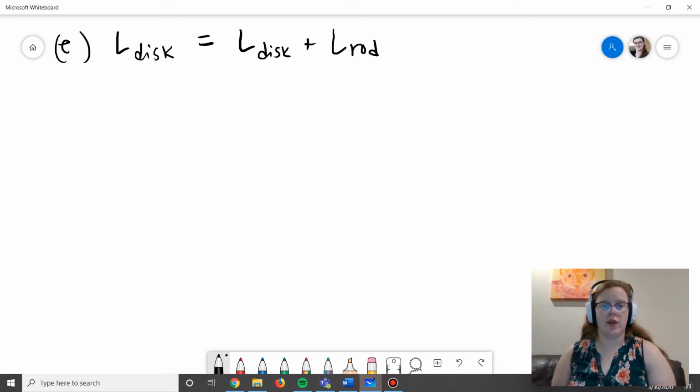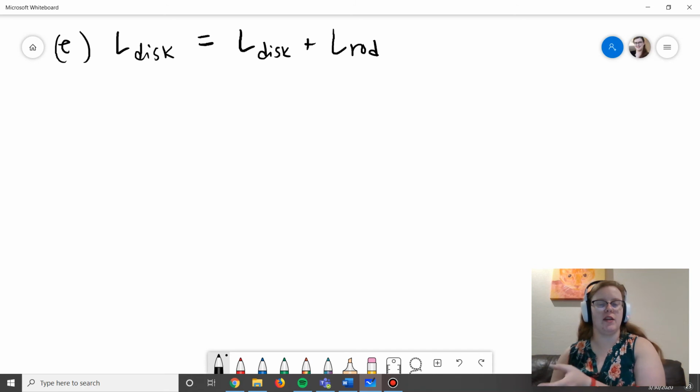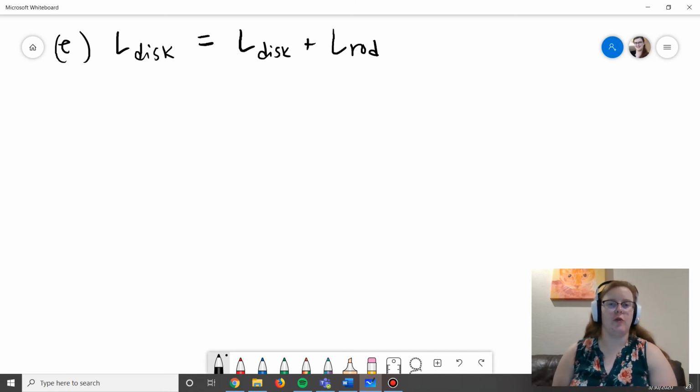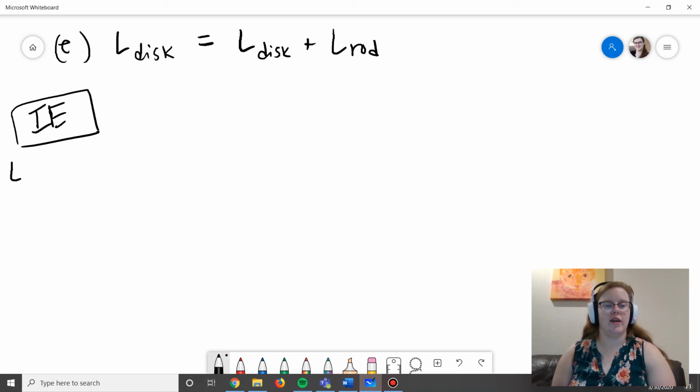So we're going to need to figure out what each of these are, both when we have an inelastic collision and when we have an elastic collision. So for the inelastic, which is what we have to begin with, we would have the L of the disk is equal to I, going to be that, like we figured out earlier.